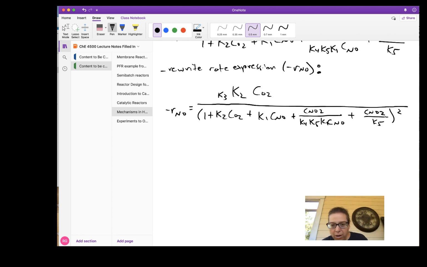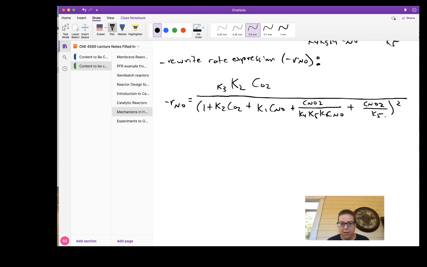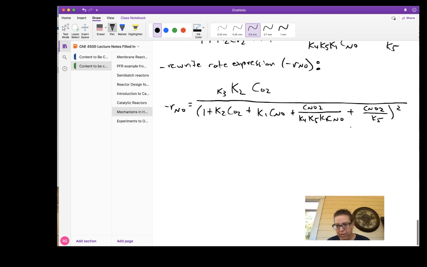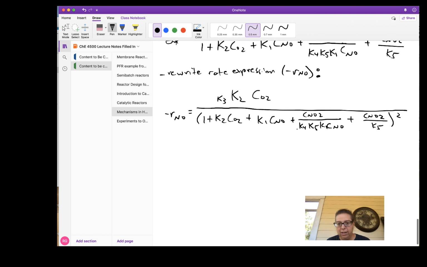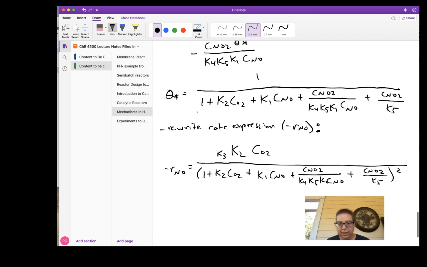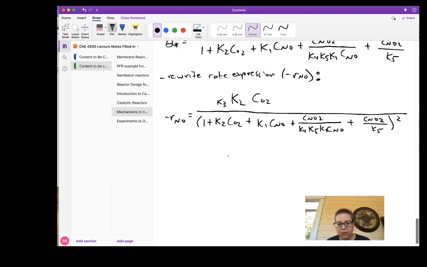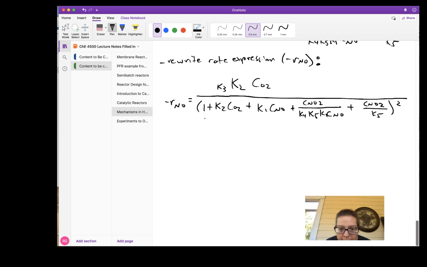So let's pause here and look at this rate law. If I recall how I got this expression, this is my free site coverage squared. If I remember where all of these terms came from, this one is theta star divided by theta star.